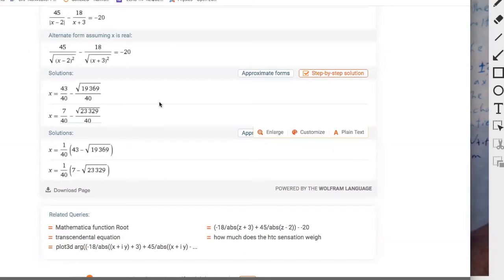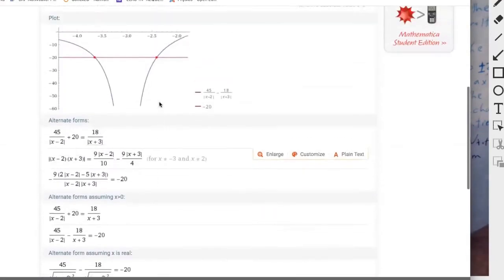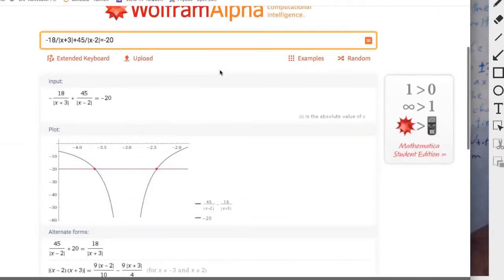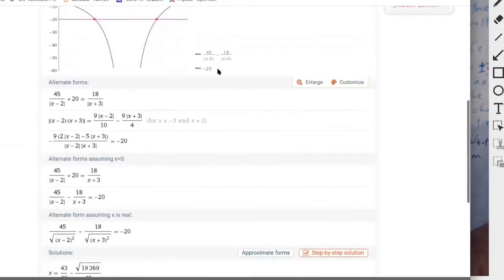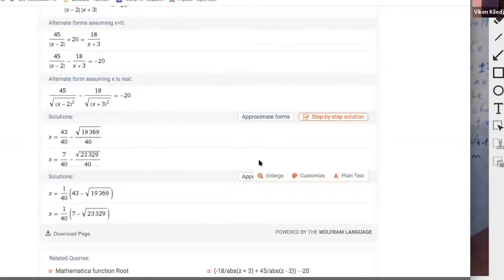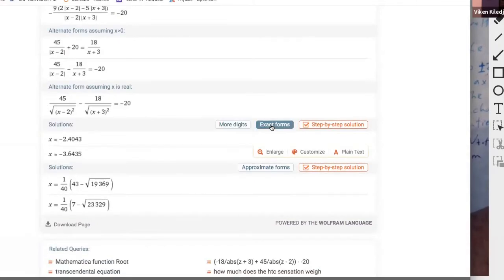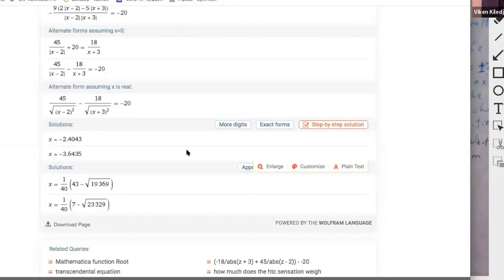The button where it says approximate forms. Oh, is there? Where is that? Yeah, go back down to the answer. Oh, yeah, okay, I see what you mean. Oh, there you go. Okay, nice. Negative 2.4. Yep, negative 2.4.